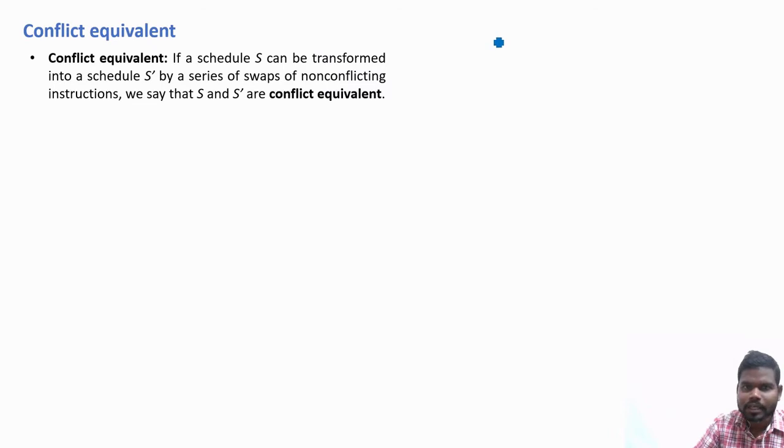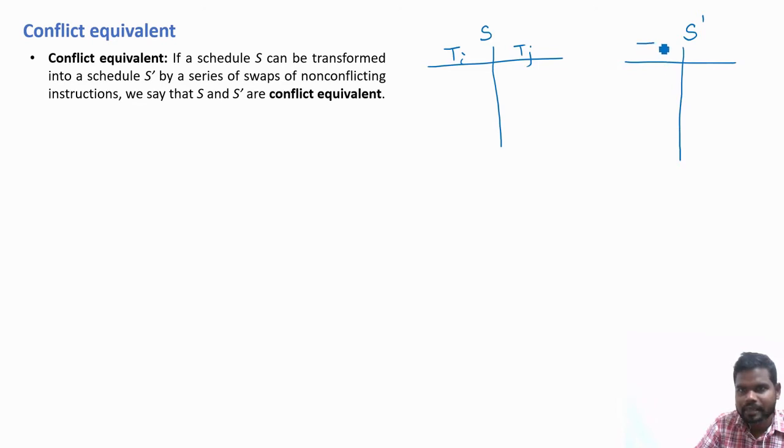So let's suppose we have schedule S as well as schedule S dash. In schedule S, let's suppose we have a set of transactions Ti and Tj, and in schedule S dash we have the same set of transactions Ti and Tj.